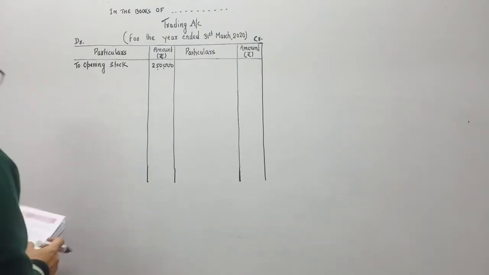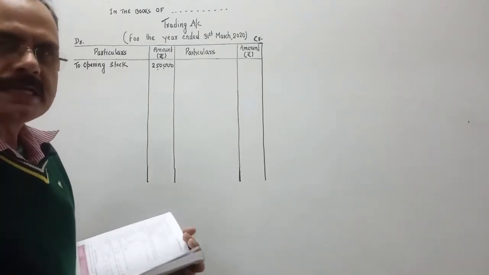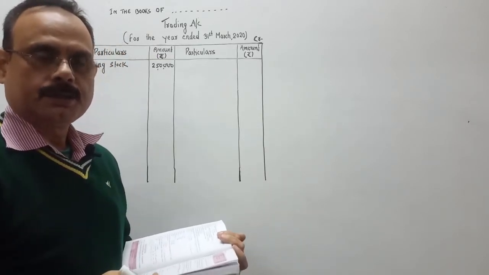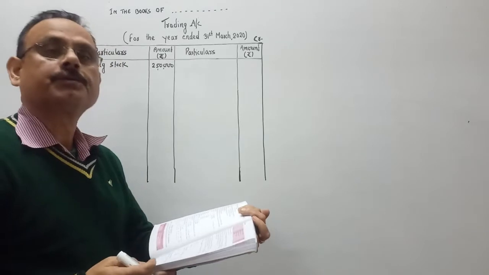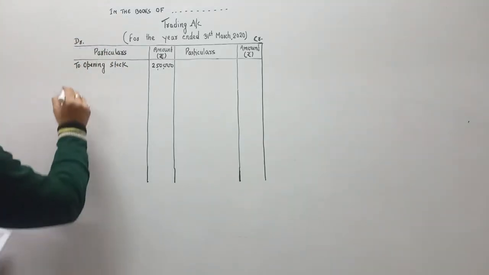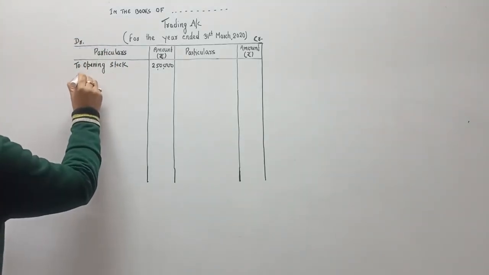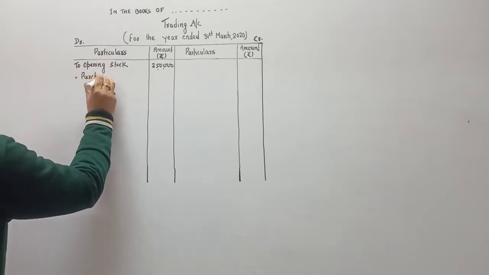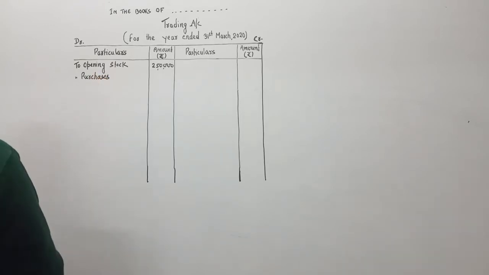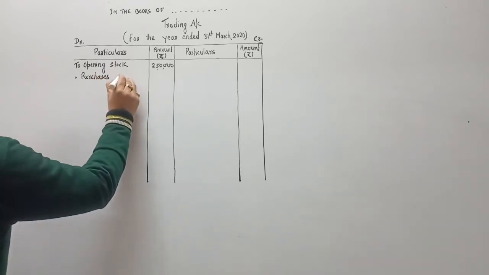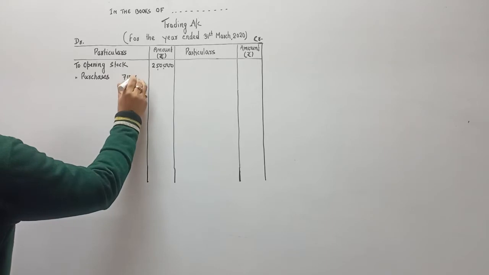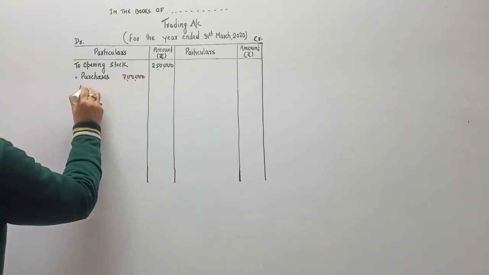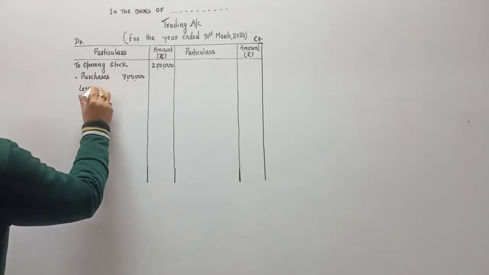Thereafter the purchase is given. When you see the purchase, you check whether a purchase return is there or not. Purchase return is also given in the question. So you write the purchase in the inner column. Purchase is 7 lakhs. Then you deduct purchase return.